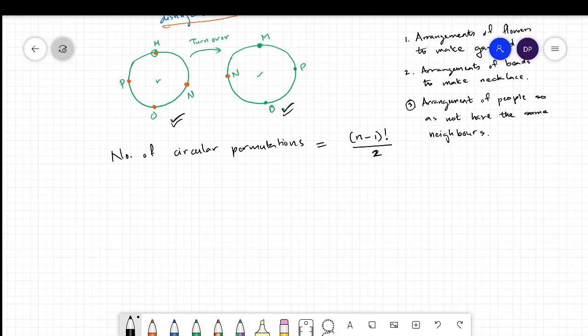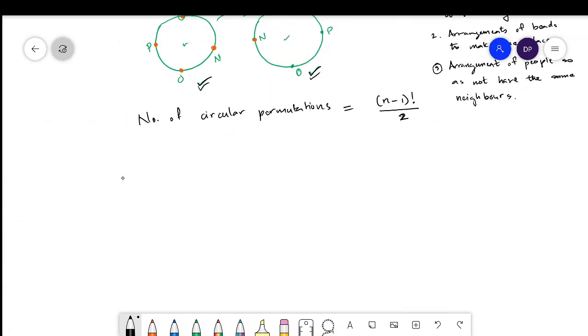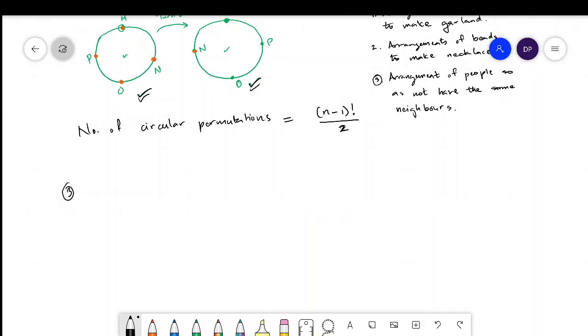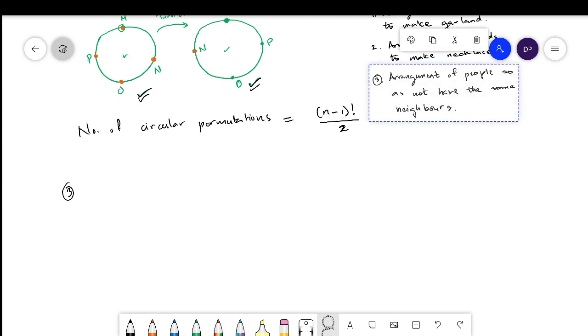Okay, let's look at this one. Not case 3, example 3. We're looking at this one. So let's look at this.